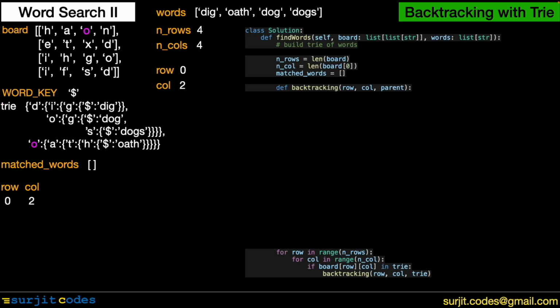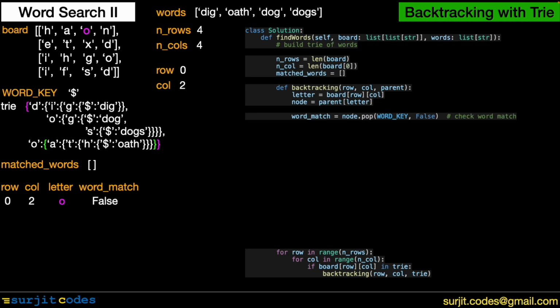O is present in the trie, therefore we will call the backtracking function in which the trie becomes the parent node. It is shown by magenta color braces. The letter becomes O and the node is the value of key O. It is shown by braces in green color.